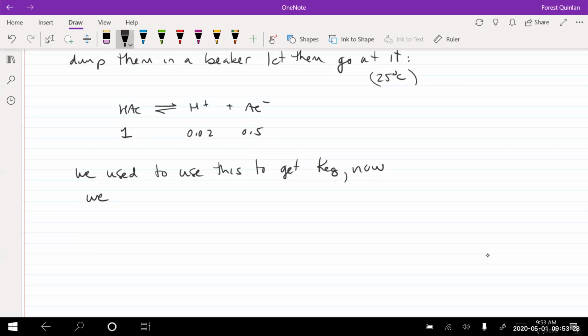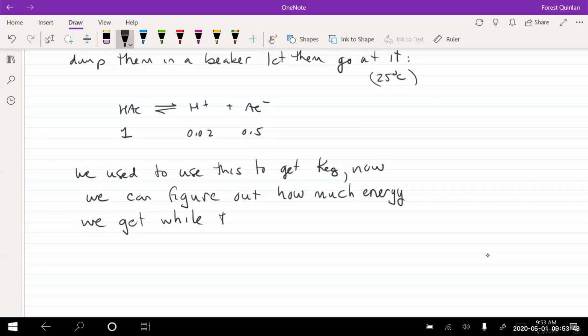Now, we can figure out how much energy we get while these guys go to equilibrium.